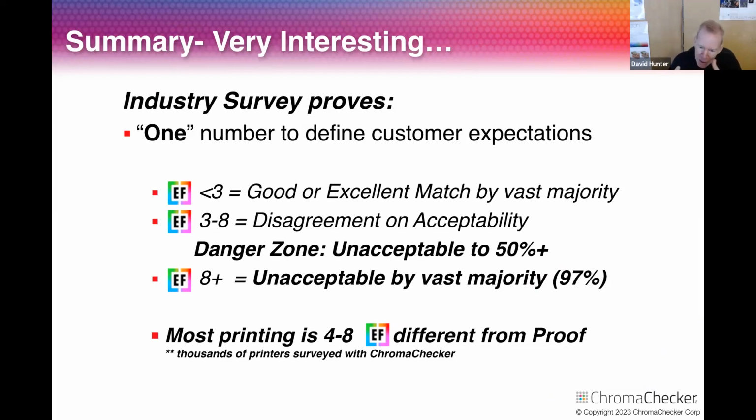And if it's between 3 and 8, that's what I call the finger crossing zone, or the danger zone, where you cross your fingers that what you're printing, the customer is going to accept and pay for. And unfortunately, most printing is done in this zone. So there's a lot of finger crossing that the color is going to be right.